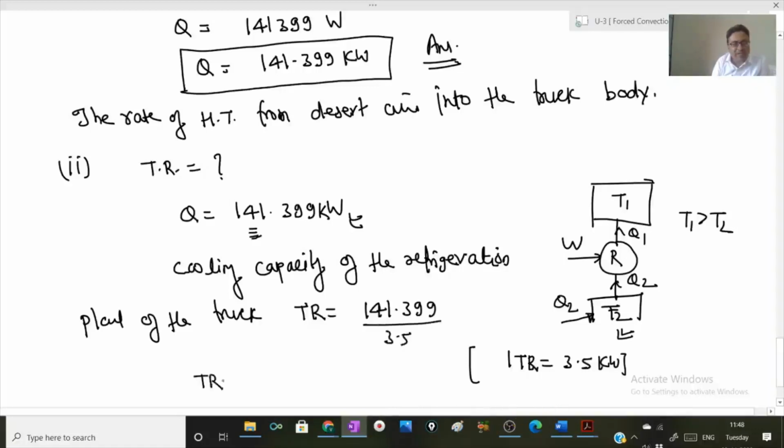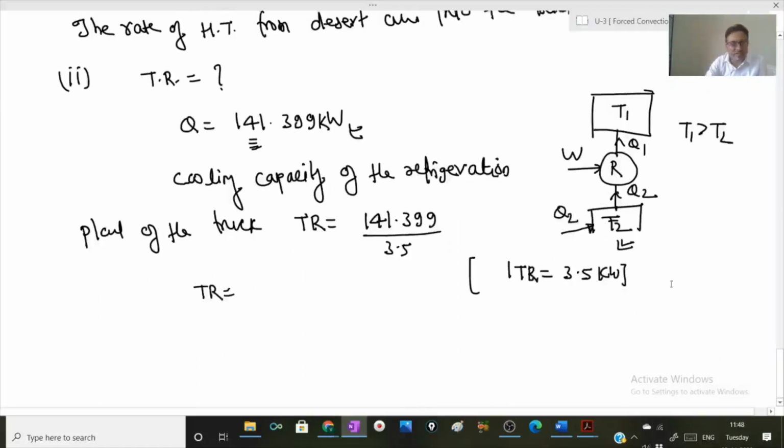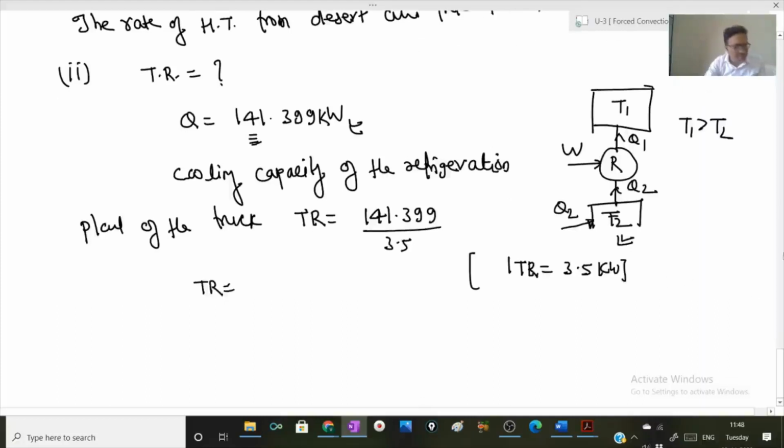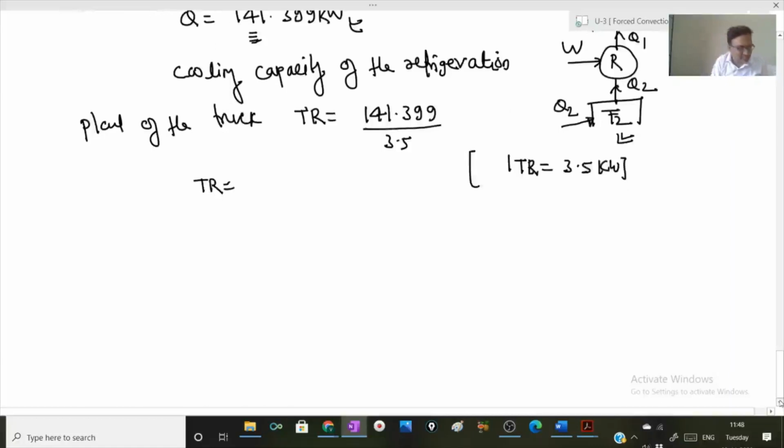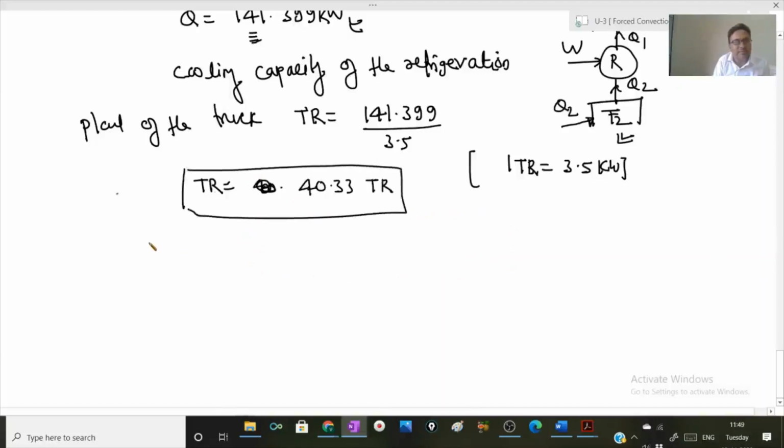So the capacity of the refrigeration plant or cooling coil inside the refrigerated truck will be 40.33 TR. So the truck refrigeration plant will have the capacity of 40.33 ton or tonnage of refrigeration.